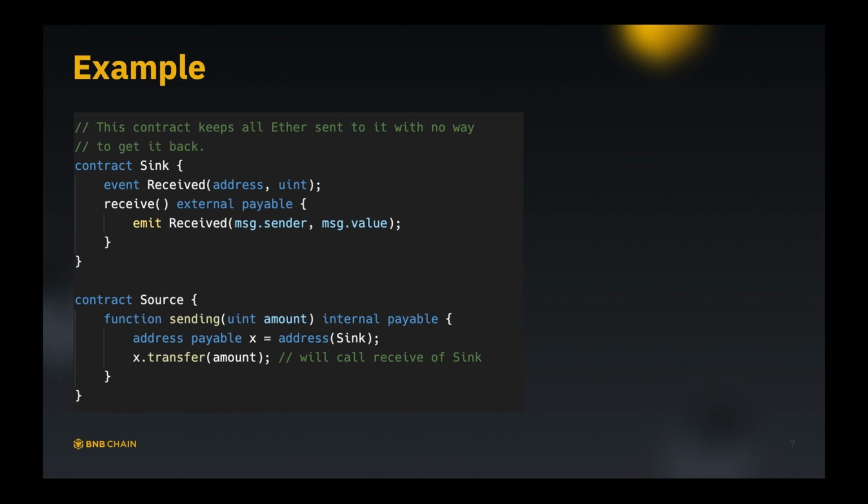The Sink that we saw in the last video continues to be used here. Then we have a contract Source which should be feeding money into Sink. It has a function sending, which takes a parameter amount, gets the address of Sink, and transfers to it.